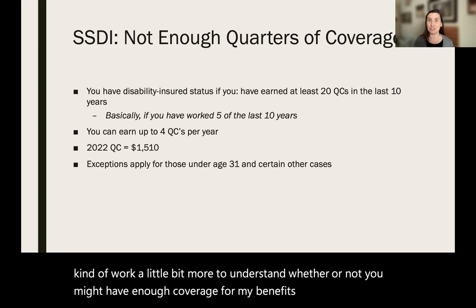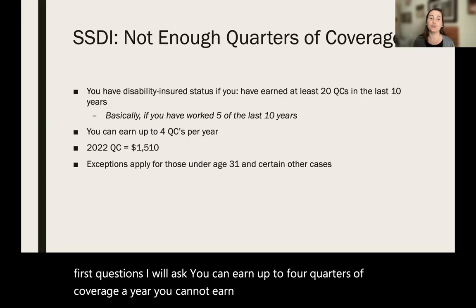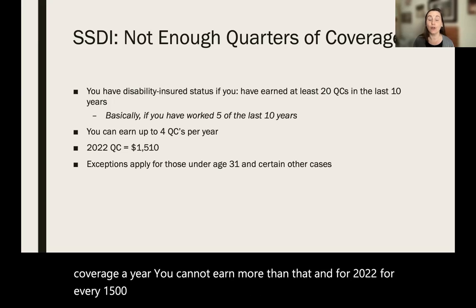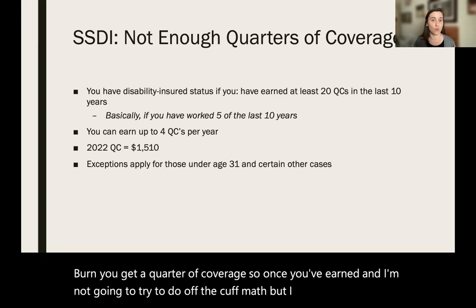But that's one of the first questions I will ask. You can earn up to 4 quarters of coverage a year. You cannot earn more than that. For 2022, for every $1,510 that you earn, you get a quarter of coverage. I'm not going to try to do off the cuff math, but I think it's about $6,040 for 2022.